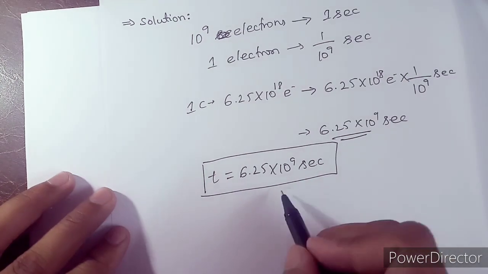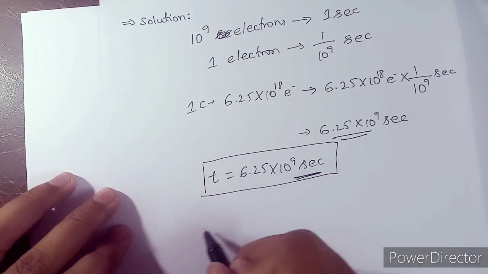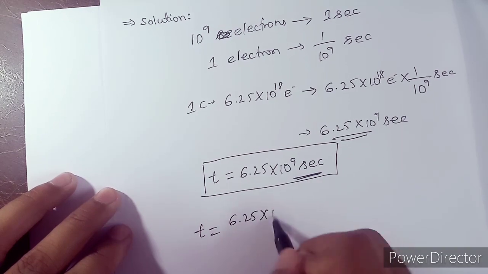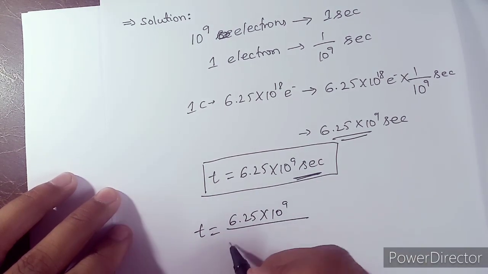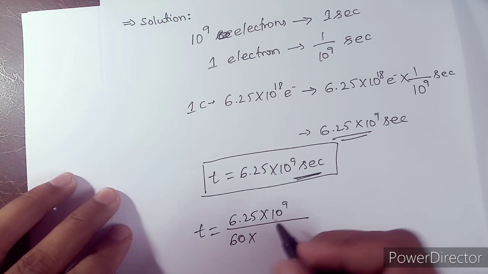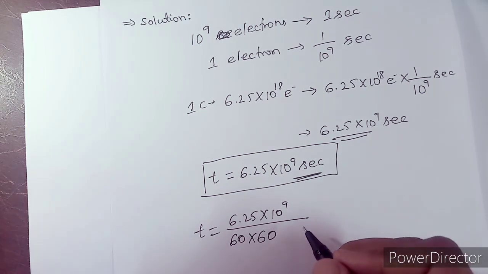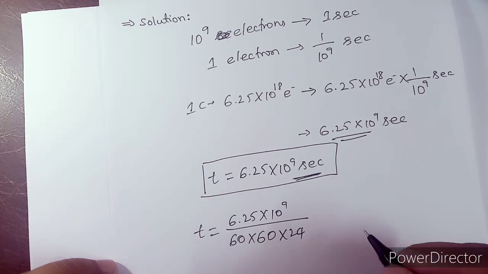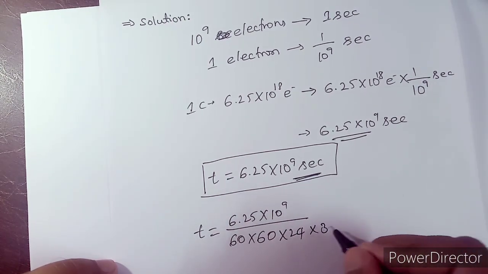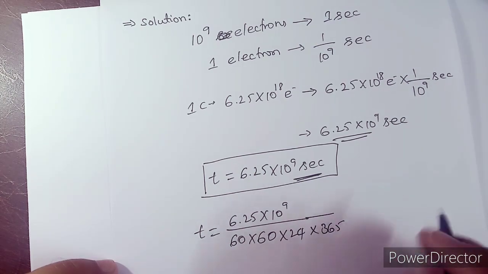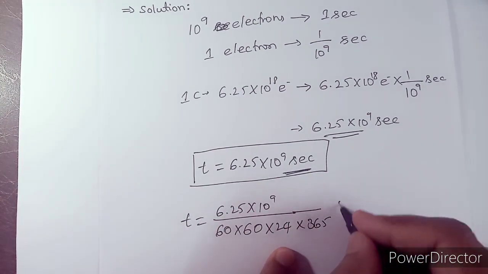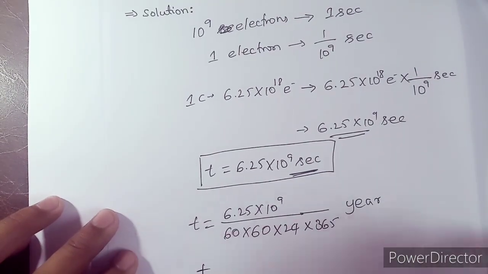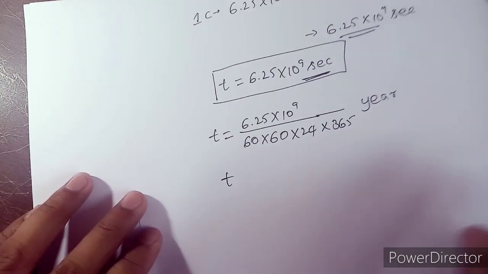Let me convert this time to years. So t is equal to 6.25 into 10 to the power 9 divided by 60 for minutes, divided by 60 again for hours, divided by 24 for days, divided by 365, and this will be in years. So the total time period can be converted into years by this method.